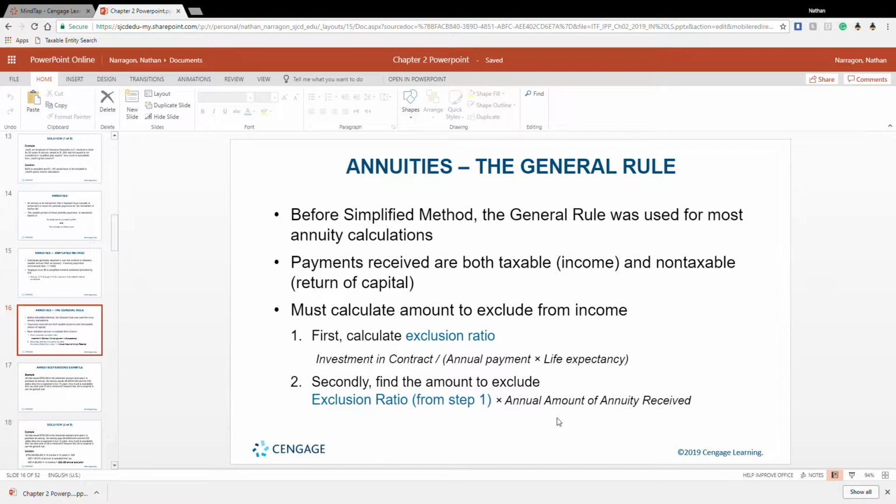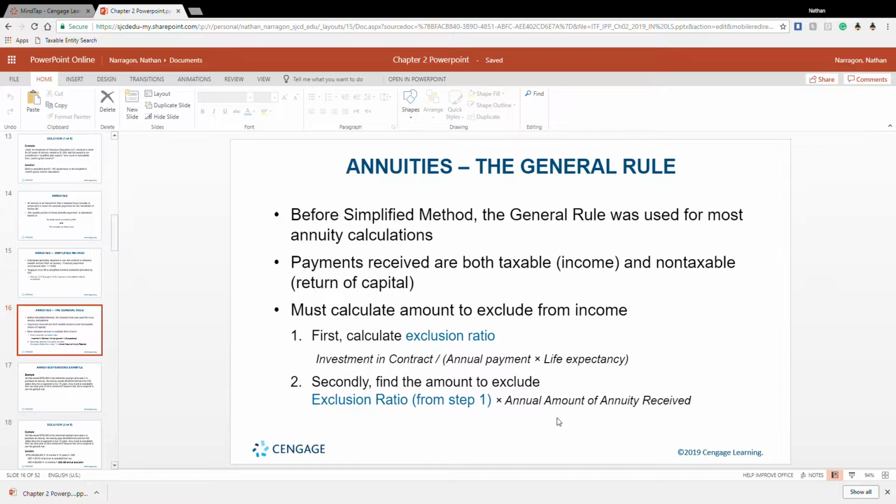The way we do this is first we calculate the exclusion ratio, which is basically the investment in the contract divided by the annual payment times life expectancy. So basically from those charts that said we're going to live this long, this is how we figure it out.